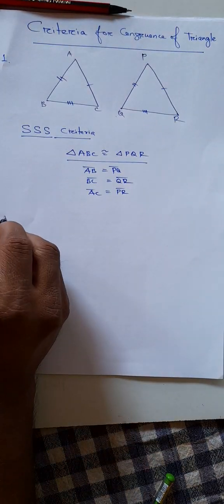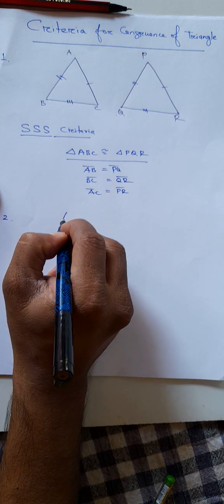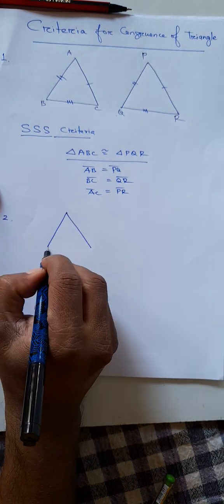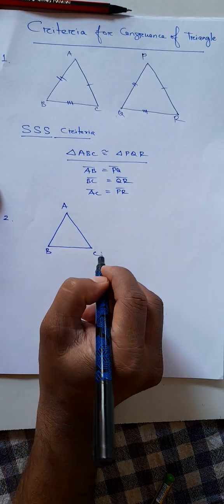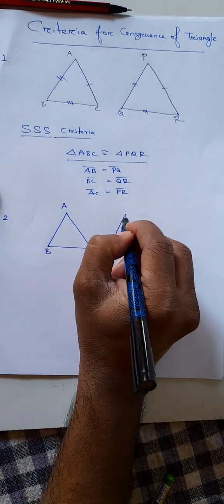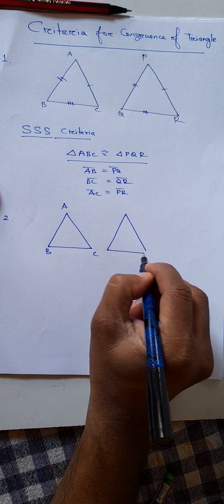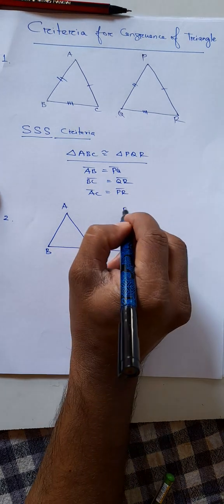Now the second criteria is, suppose this is triangle ABC, and this is another triangle, say PQR.